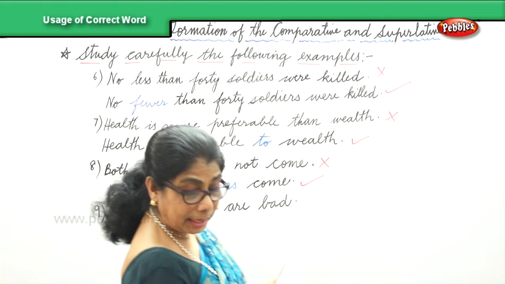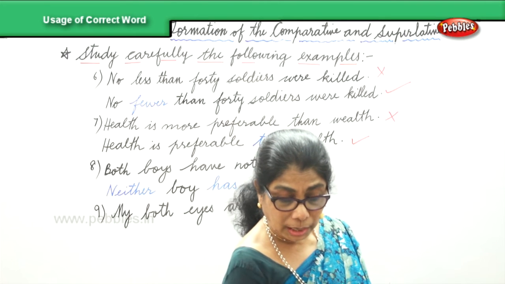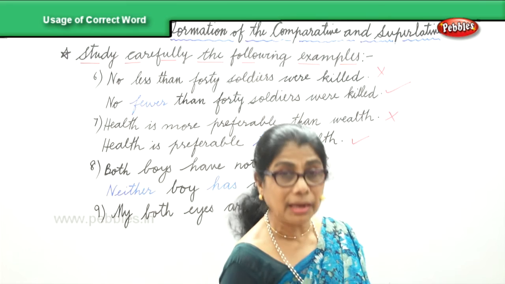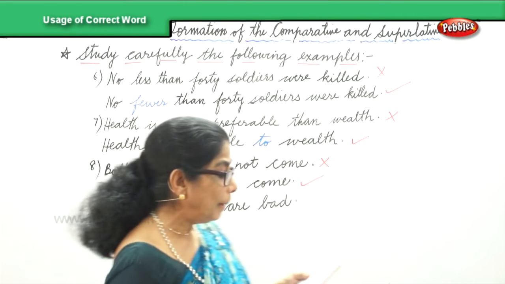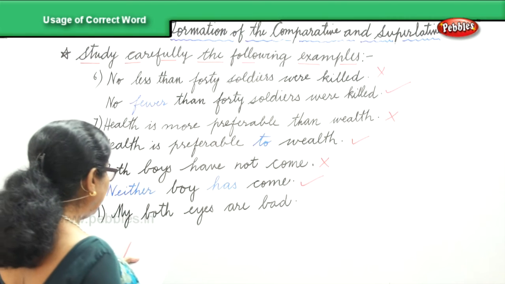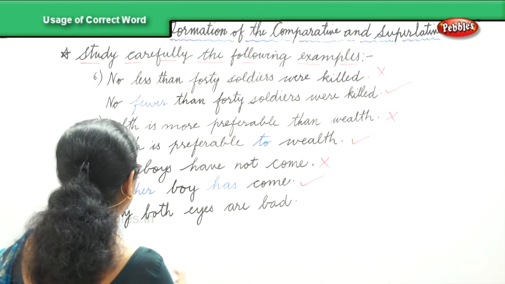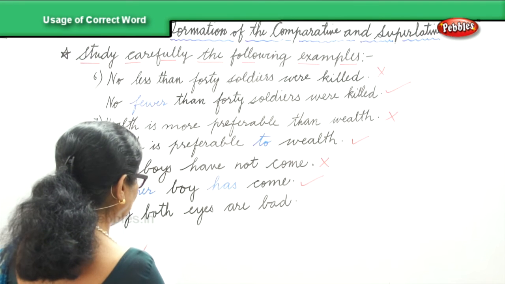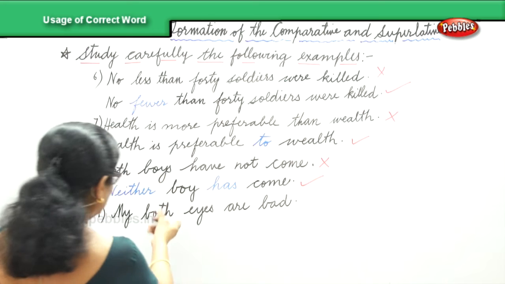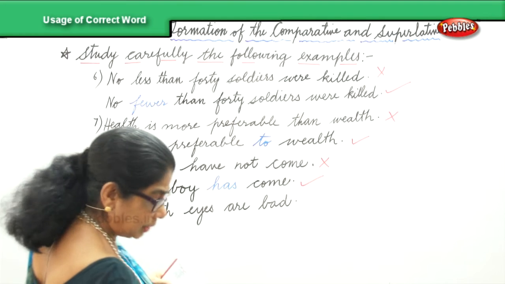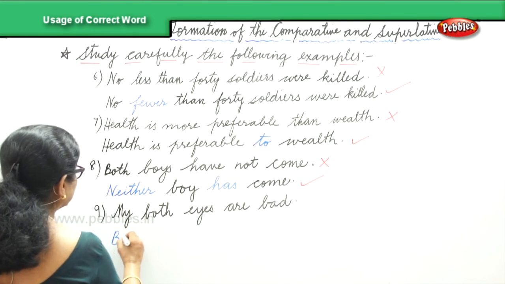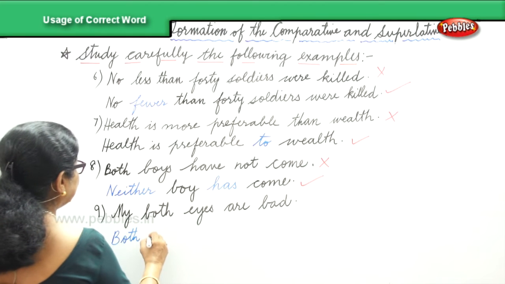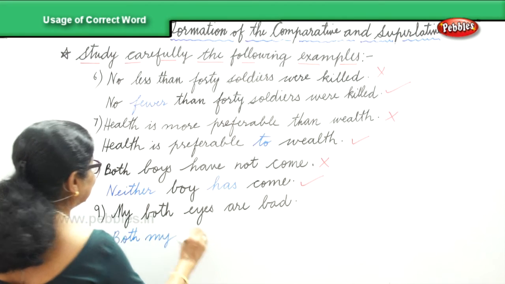Certainly, to say my both eyes are bad, certainly not correct. You should say both my eyes are bad. You must say both my eyes are bad. Both my eyes. You should reverse here. So you should say the correct way is both my, that's the right way.